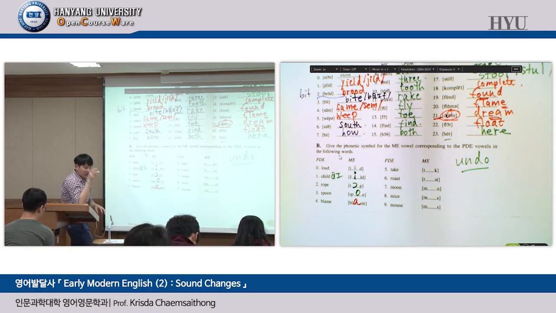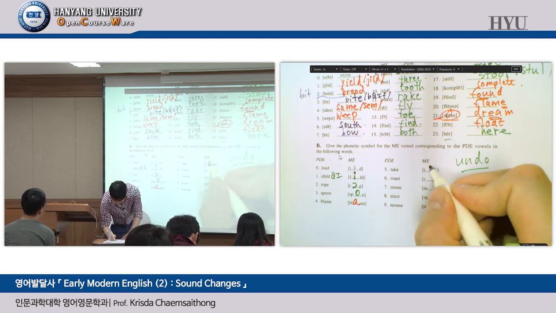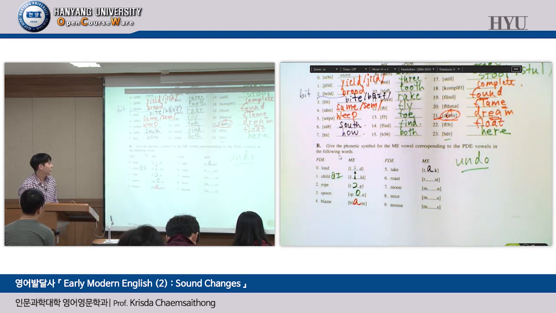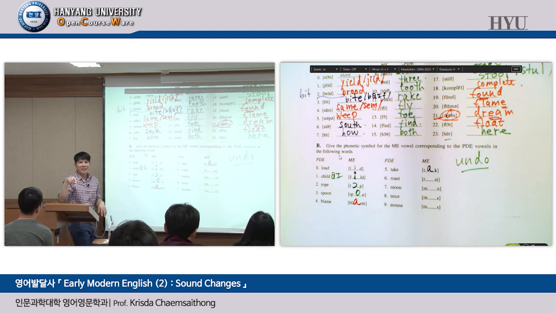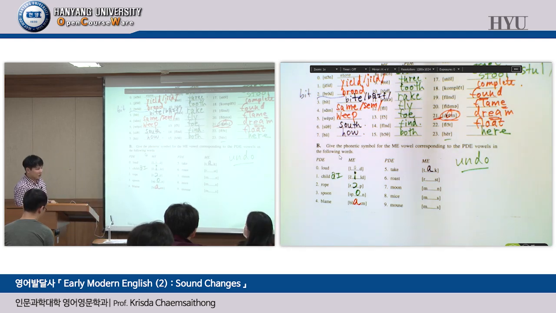Letter A, so tag. Number six, roast, O, so down one level.